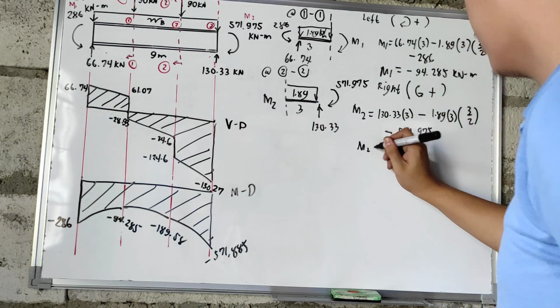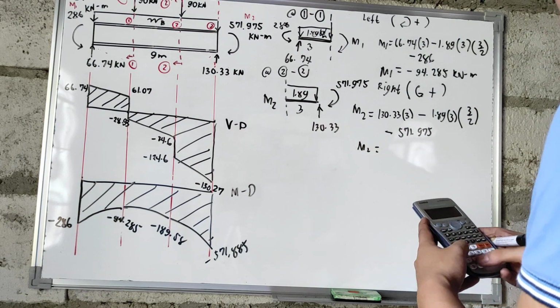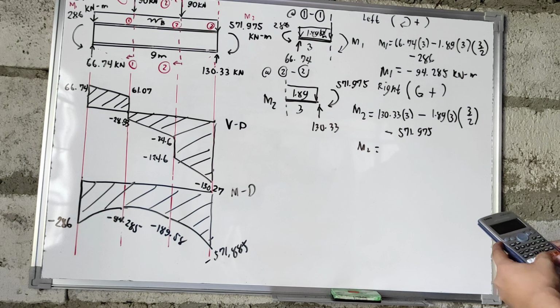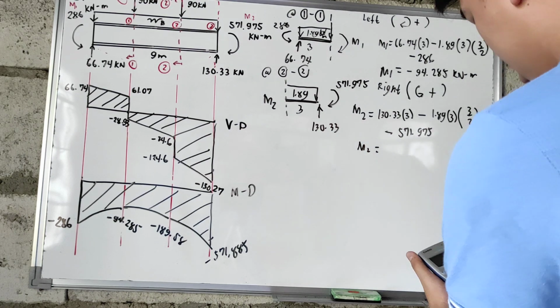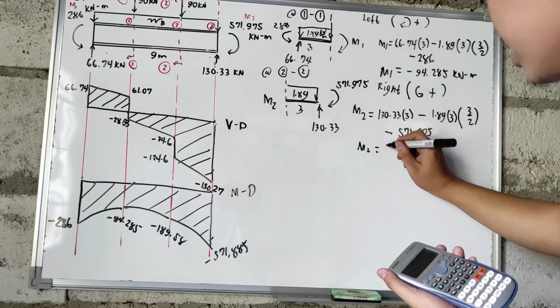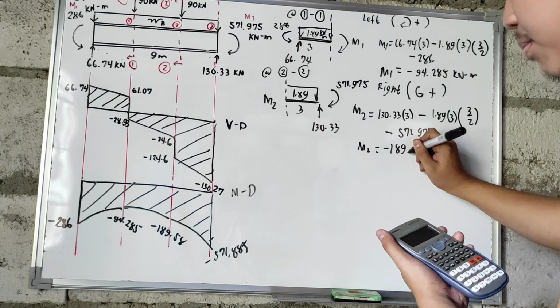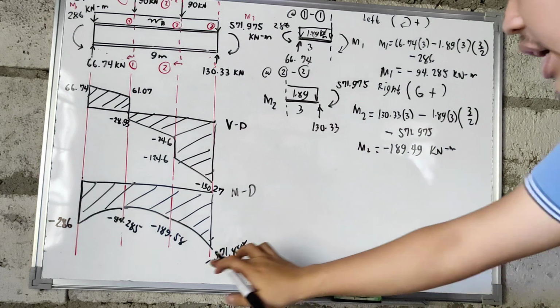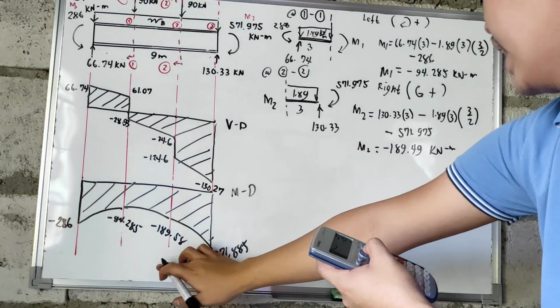So the value of our M sub 2 is now equal to negative 189.49 kilonewton meter. So close enough dito sa value na nakuha natin.